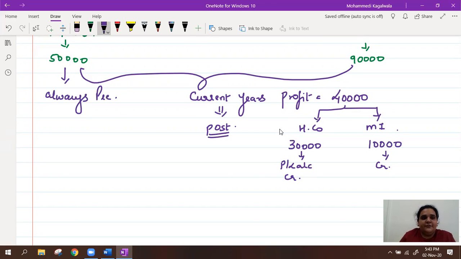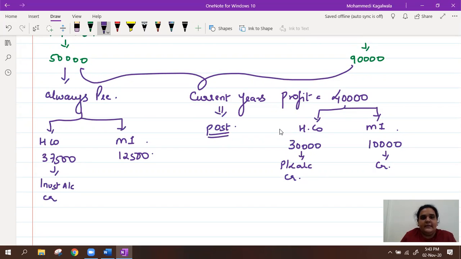And the opening profit is always pre. So this 50,000 I'll divide between holding company and minority interest. So I'm going to get 37,500 and this will be 12,500. Since it is pre, it will go in my investment account credit side and this will go in my minority interest account credit side.